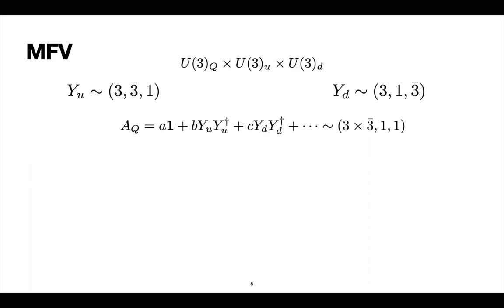I just wanted to write that down in order to point out that here we have a flavor universal part or coefficient. A is really just a numerical coefficient. And then we have flavor breaking coefficients, B and C. And in principle, you have more, you can continue this series.